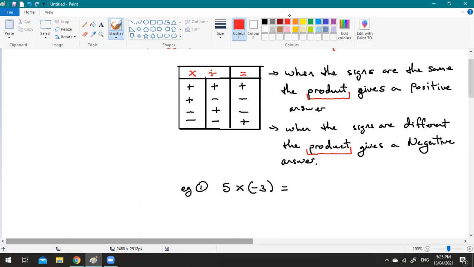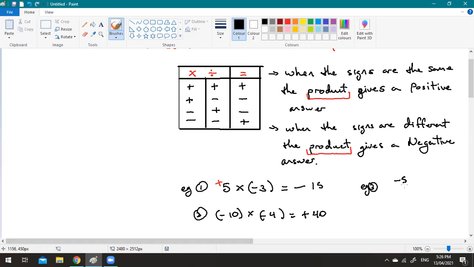Because the 5 has no sign written, we know the sign is positive. So positive multiplied by negative, using the table, is a negative, and 5 times 3 is 15, so -15. And this one, -10 multiplied by -4: negative multiplied by negative is a positive, so a positive 40.